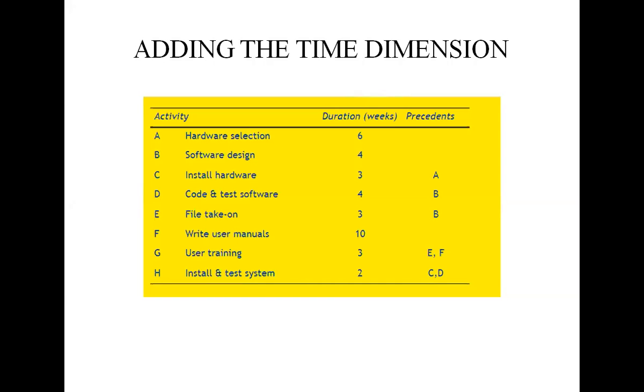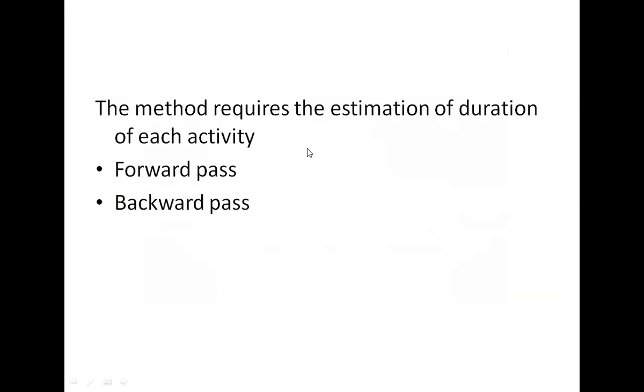The two primary objectives for the completion of the project are that it should be completed as quickly as possible, and to identify the activities where delay in their execution affects the overall end date of the project. This requires estimating the duration for each activity. The method is the forward pass and backward pass.